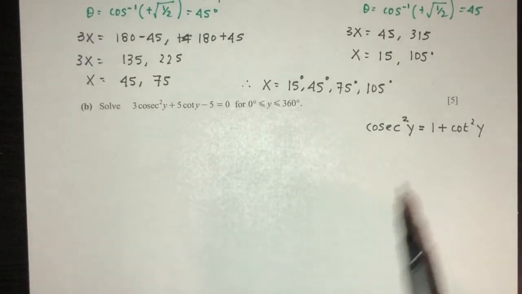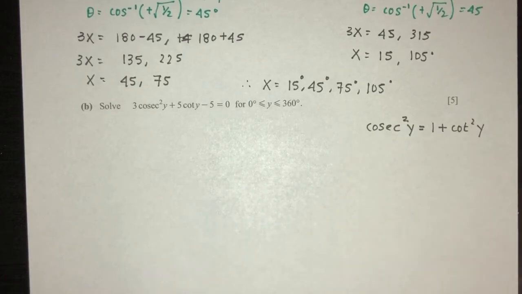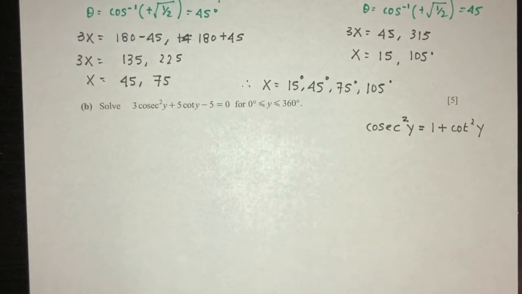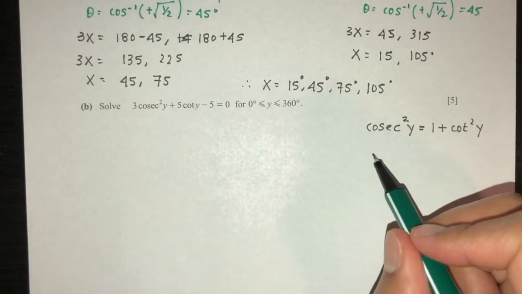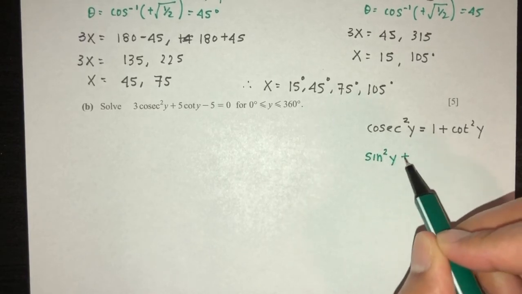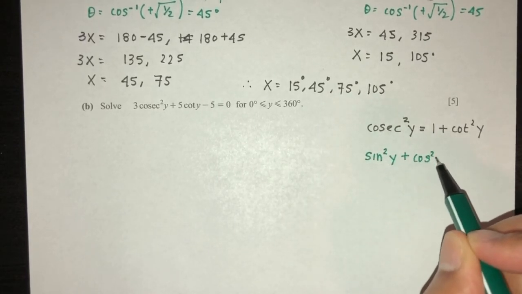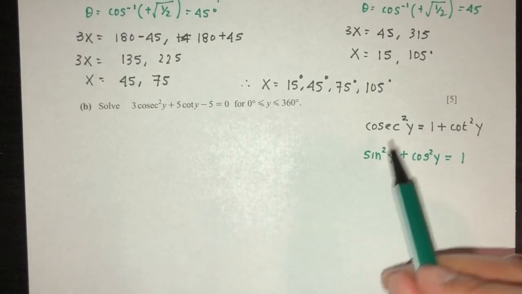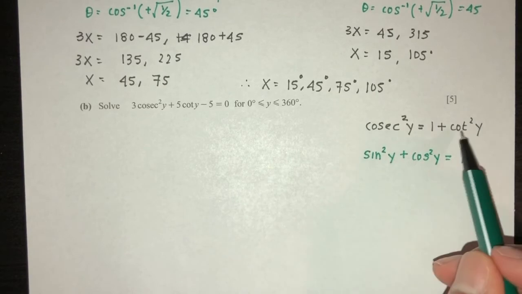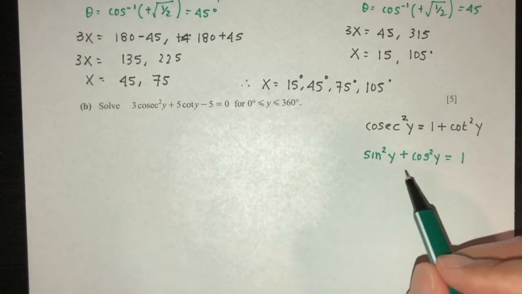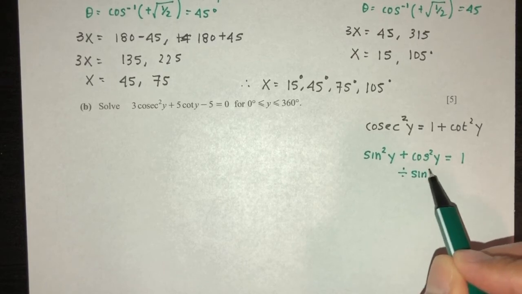Okay, so we have to replace this by this. So I think I kind of made a mistake, right? Let me double check. I'm not too sure. I always go back to the main formulas, which is this one. So this one you know for sure, right? Sine square y plus cos square y is equal to 1. Now, if you want to change one of them to become cosec or cot, you have to divide by sine square everywhere.